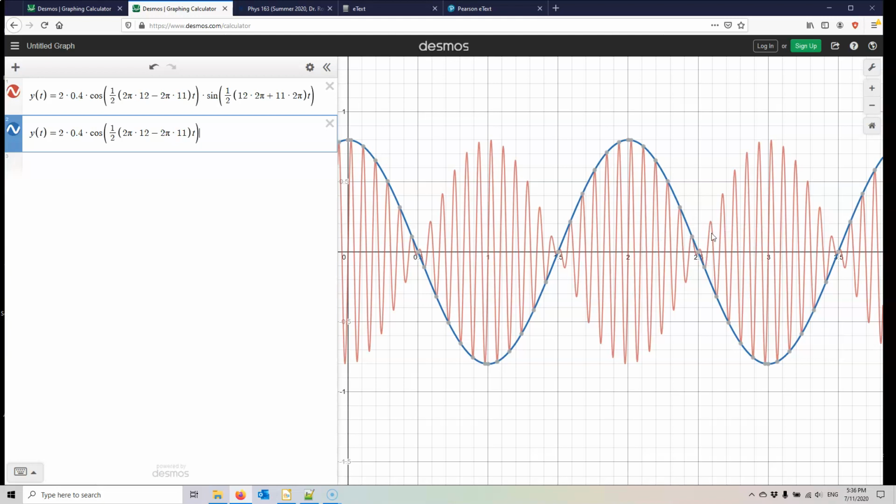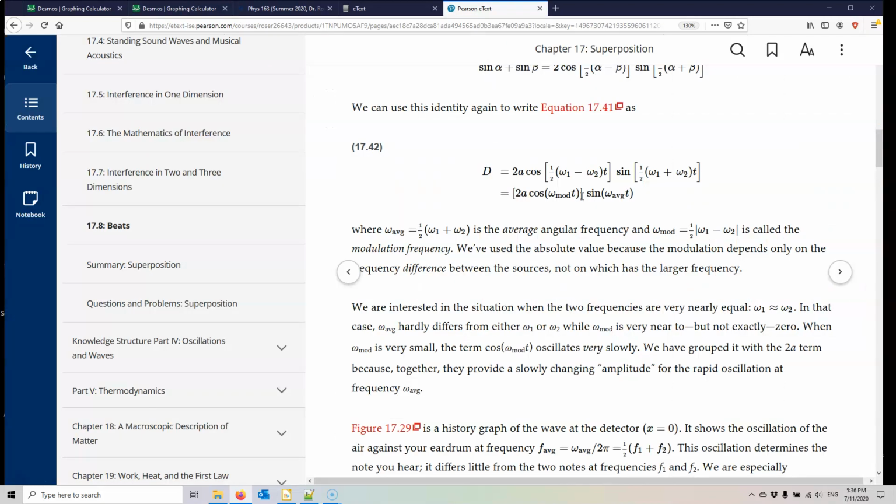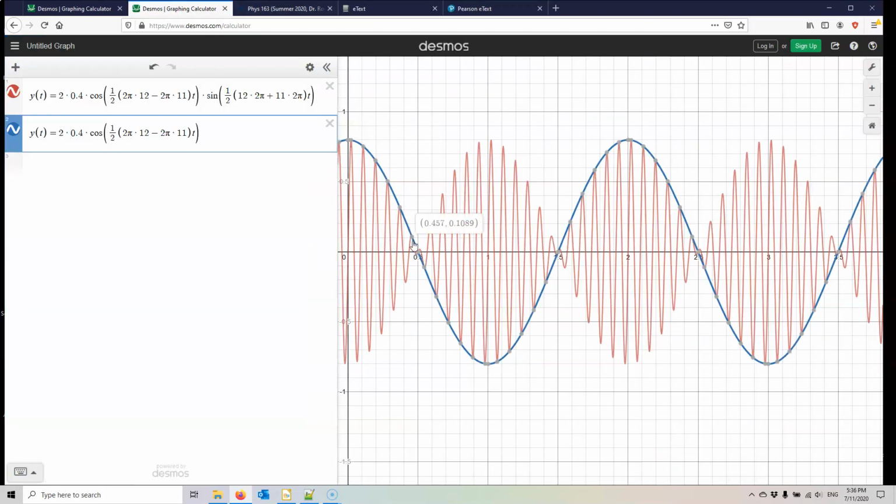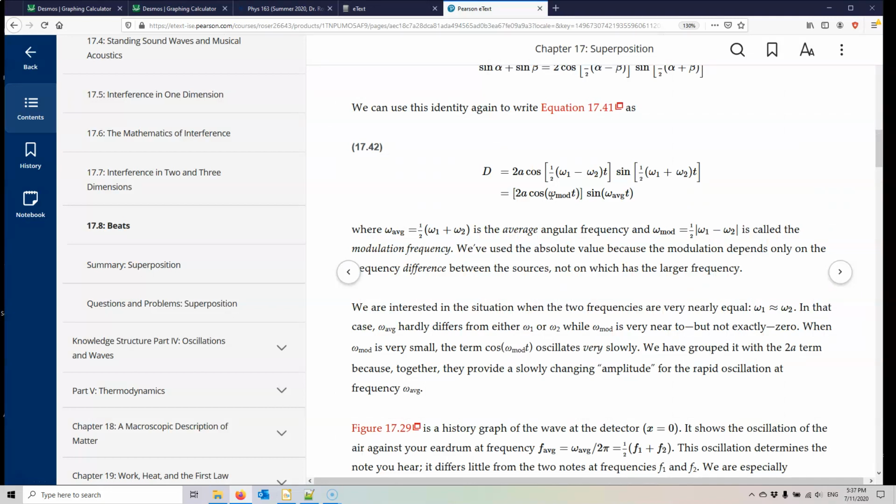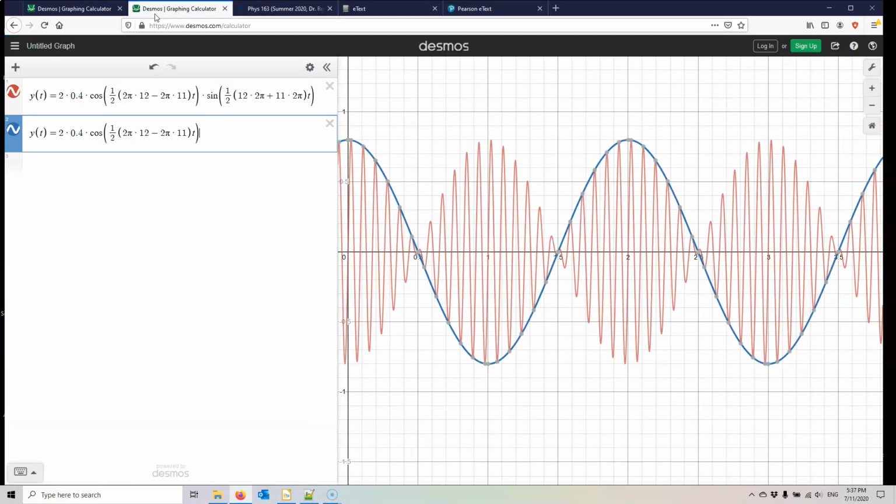And what you can tell from the math is that this modulation frequency, the blue line, is essentially a half times the difference. This is expressed in terms of the angular frequency, of course, but if I divide by 2 pi, I could also say that this modulation frequency f mod would be half of the frequency difference.